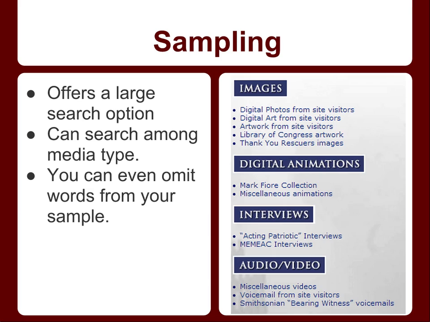And if you want, in the advanced search options, you can even omit certain words that you're not looking for. So say if you're doing a research project, we'll take Satan in the Smoke for example, you can just search for that particularly, but you can also omit other words or phrases that might limit your search. So you can really get down to what you want rather than all of the expansive archive.